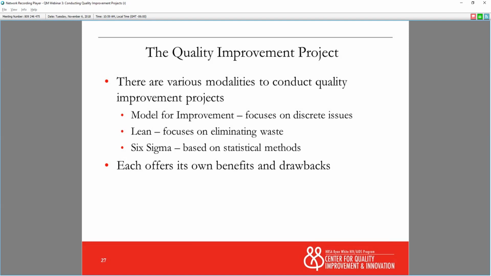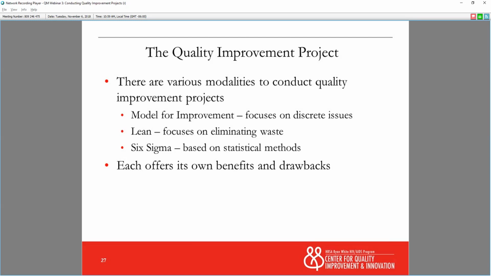And one of the things that it does is just look at what you want to improve and figure out how you're going to do that. And then it also incorporates a PDSA, Plan, Do, Study, Act methodology, which was really an outgrowth of Deming's work. It's simple, it's very focused, it's logical, it makes sense, easy to teach people, and it's been around forever.